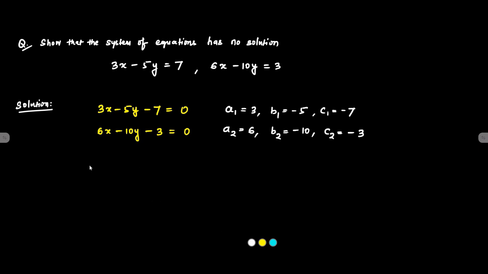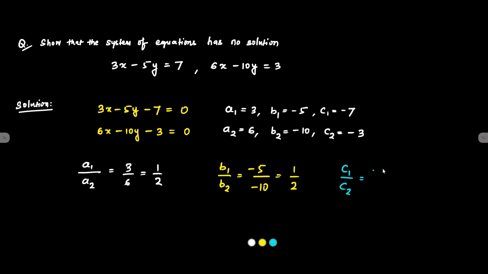A1 by A2 is equal to 3 by 6, which is 1 by 2 in simpler form. B1 by B2 is equal to minus 5 by minus 10, which is again 1 by 2. And C1 by C2 is equal to minus 7 by minus 3, equal to 7 by 3.